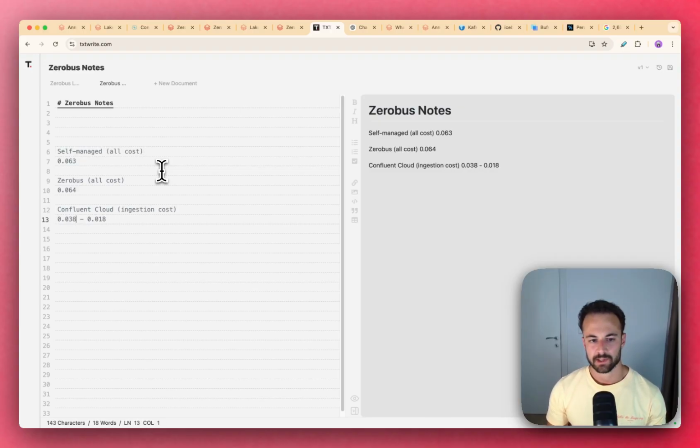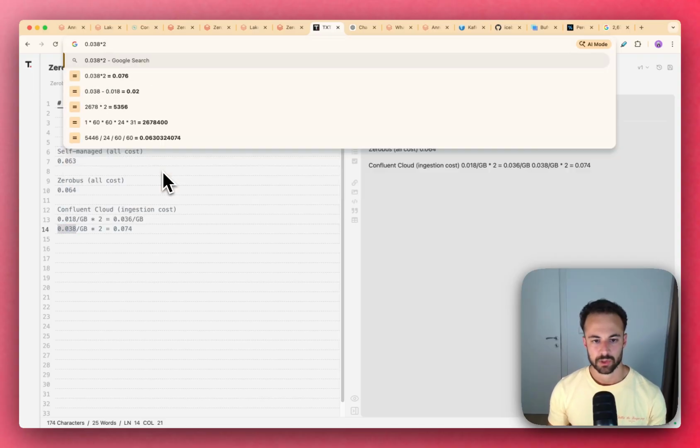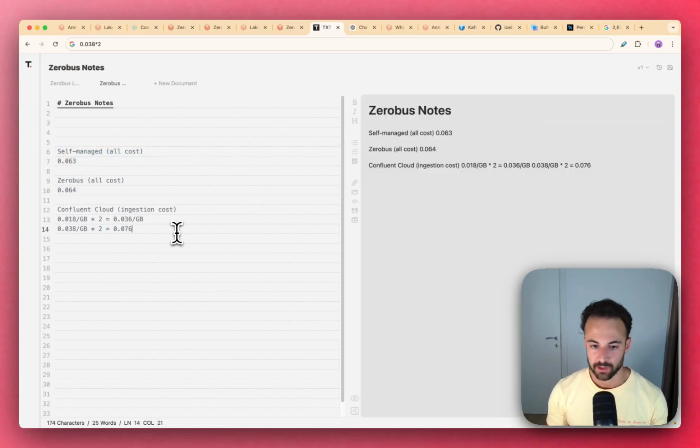If Confluent has, let's say, 3.8 cents a gigabyte versus 1.8 cents a gigabyte, we have to do this times 2 because you're ingesting and egressing. So this would be 36 a gigabyte. And this would be 0.074... Did I get this right? Just double check. 76. Sorry, I suck at math.